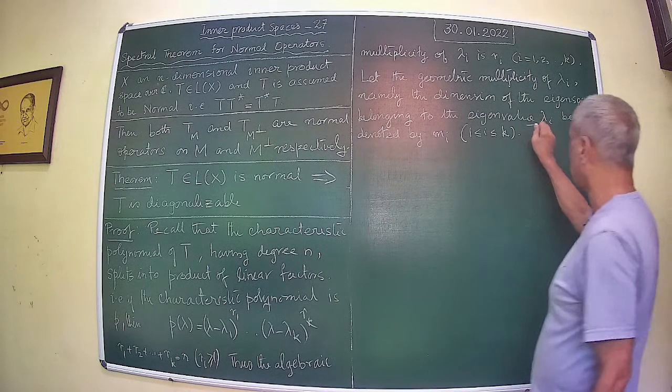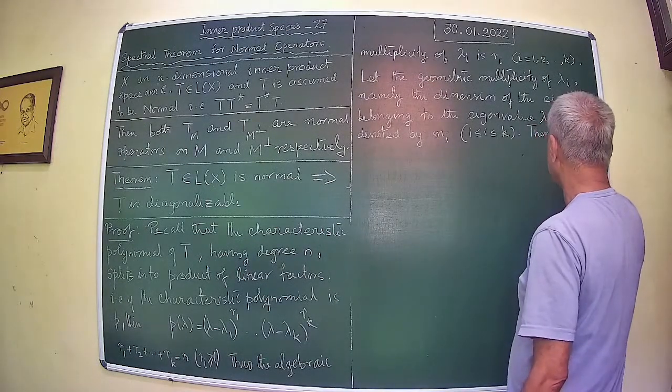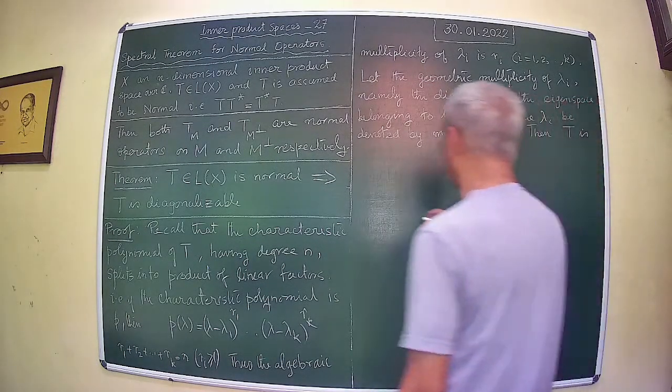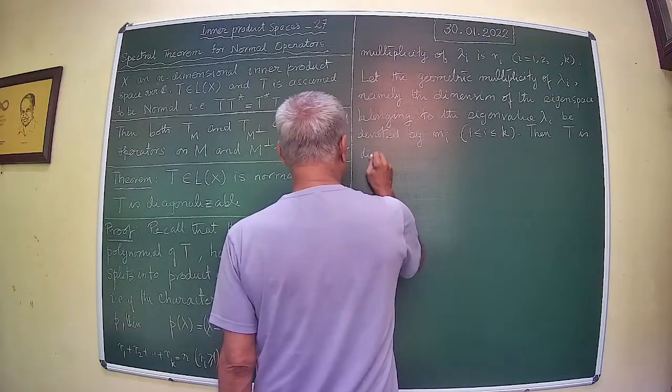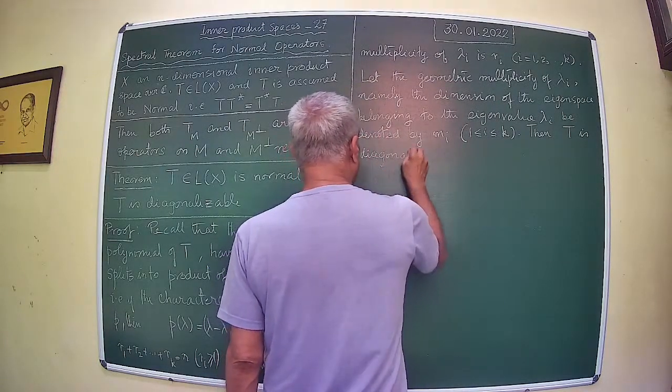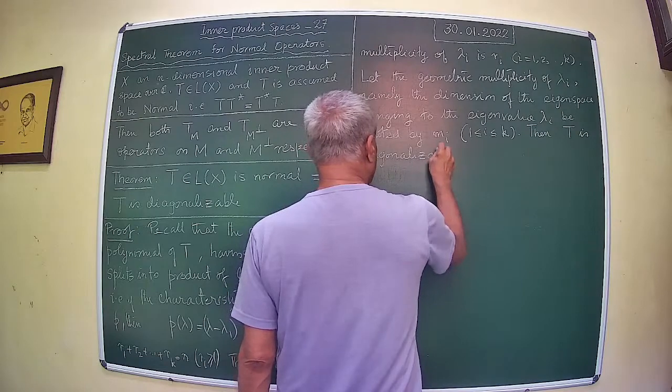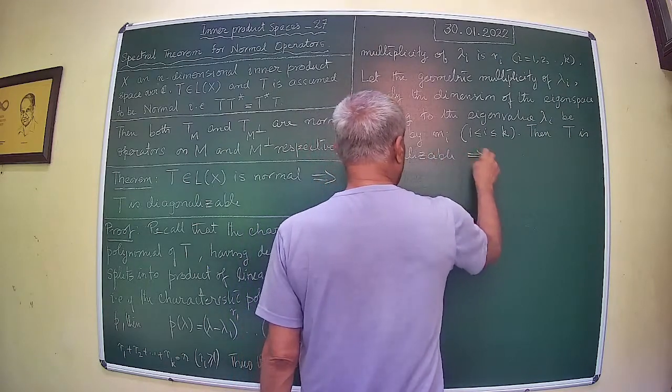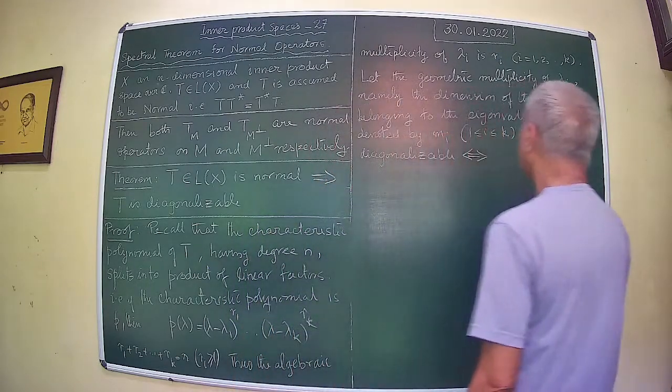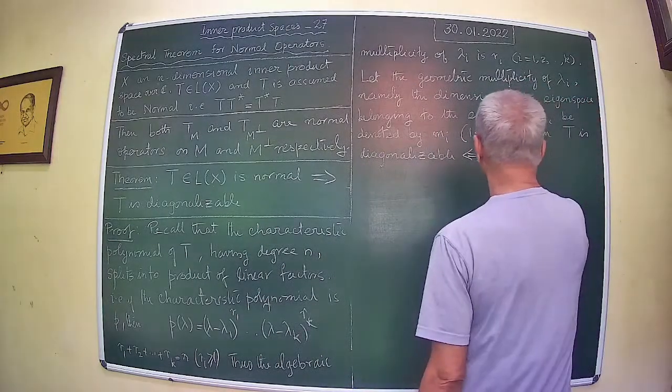Then T is diagonalizable if and only if Ri is equal to Mi.